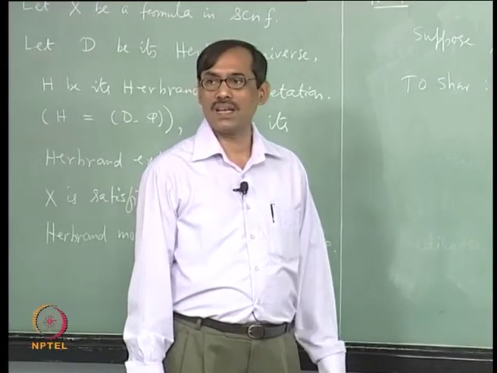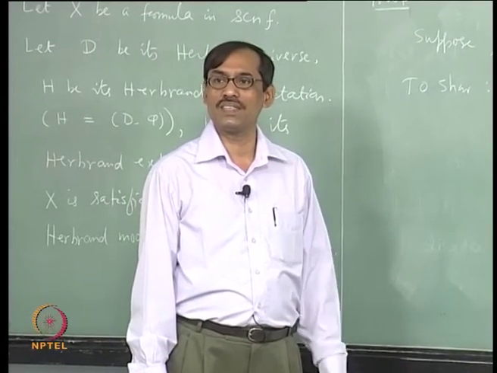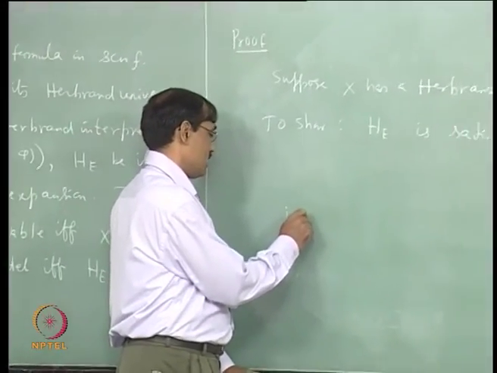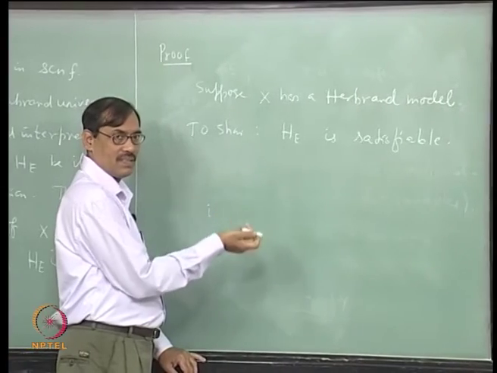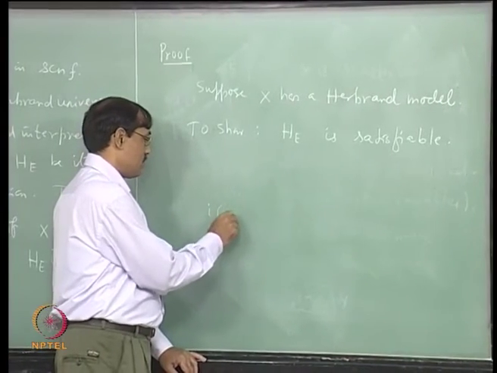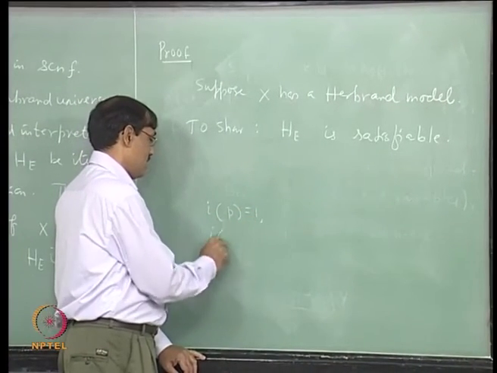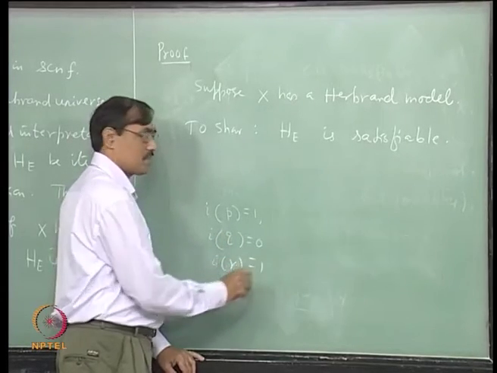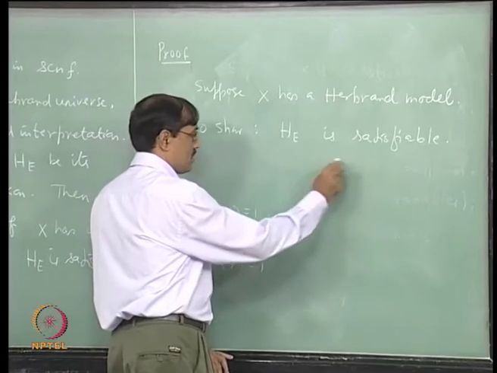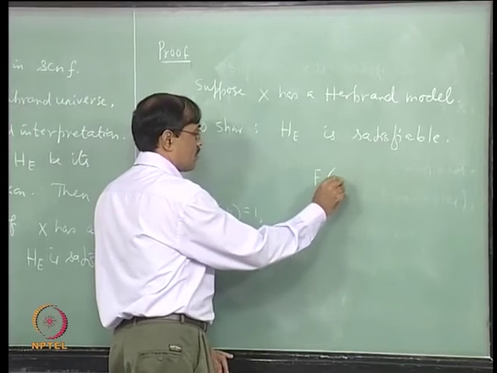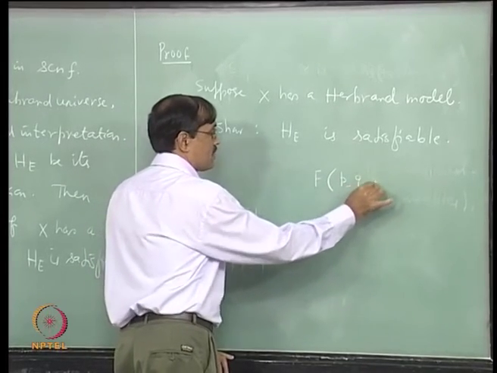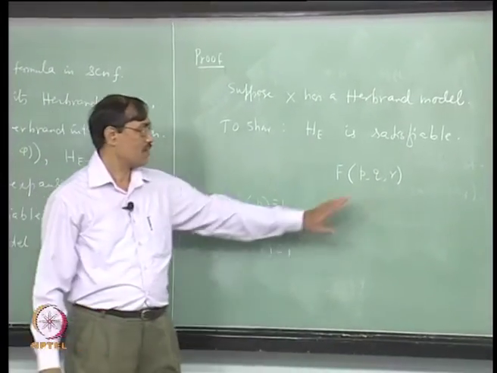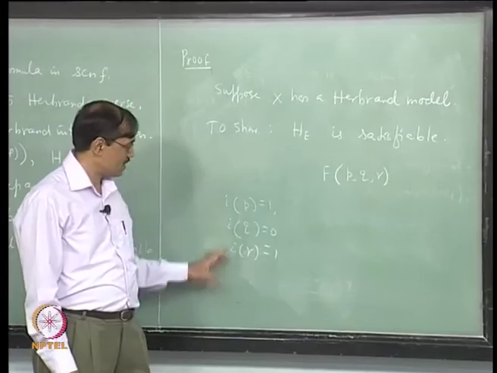See, in the propositional logic itself, we could have discussed that. Suppose I is one interpretation in PL. Say I have I of P equal to 1, I of Q equal to 0, I of R equal to 1. Now I have some formula involving P, Q, R. Assume that this is a model of this.